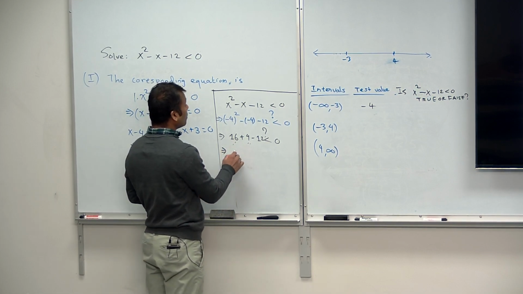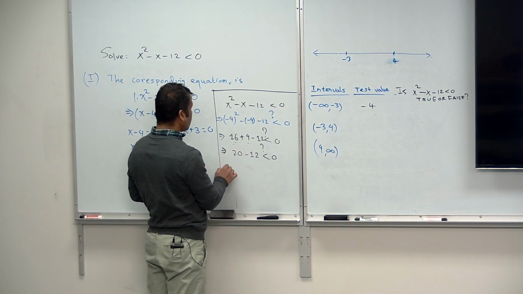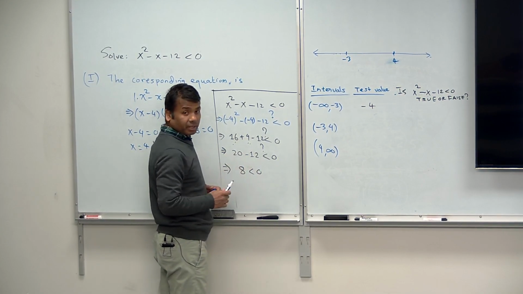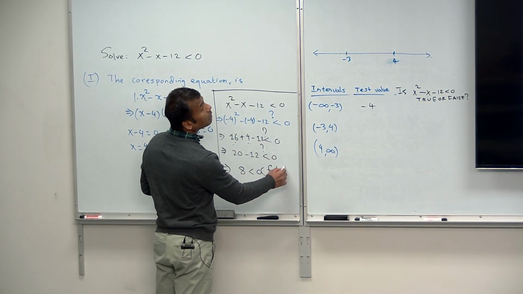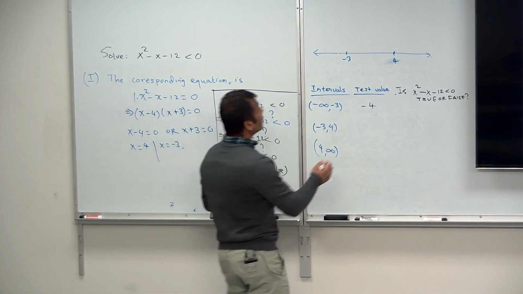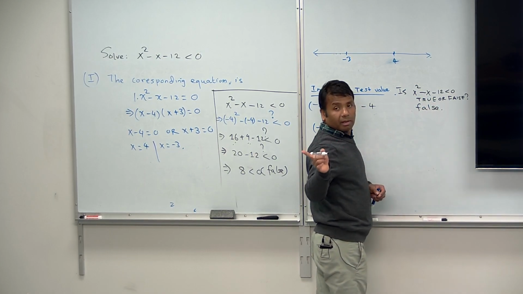So 16 plus 4 is 20, minus 12 is less than 0. And what is 20 minus 12? 8. Is 8 less than 0 true or false? It is false. Is that right? So this is false. Makes sense?